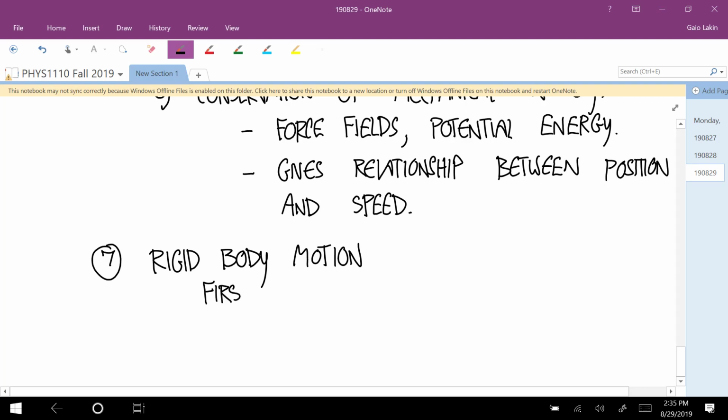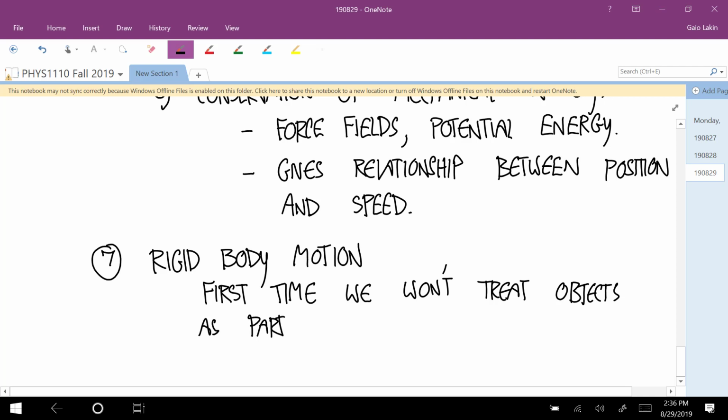This is the first time that we won't treat our objects as particles, and therefore, it's the first time that we'll consider the object's orientation.